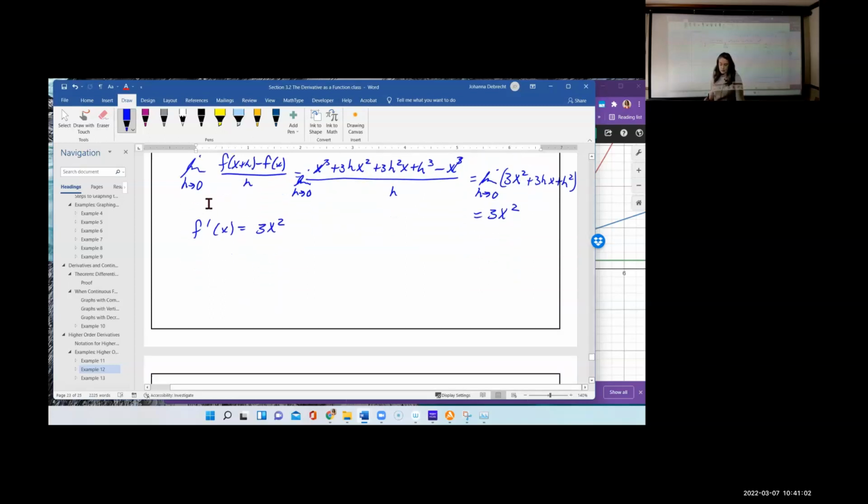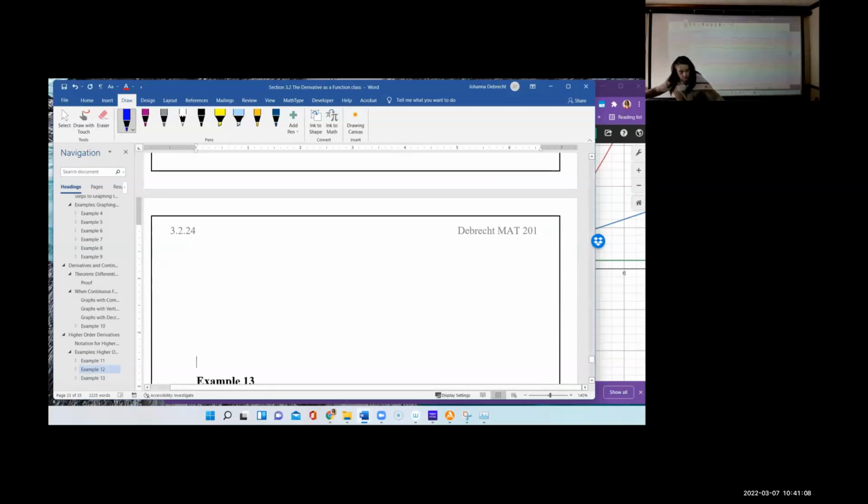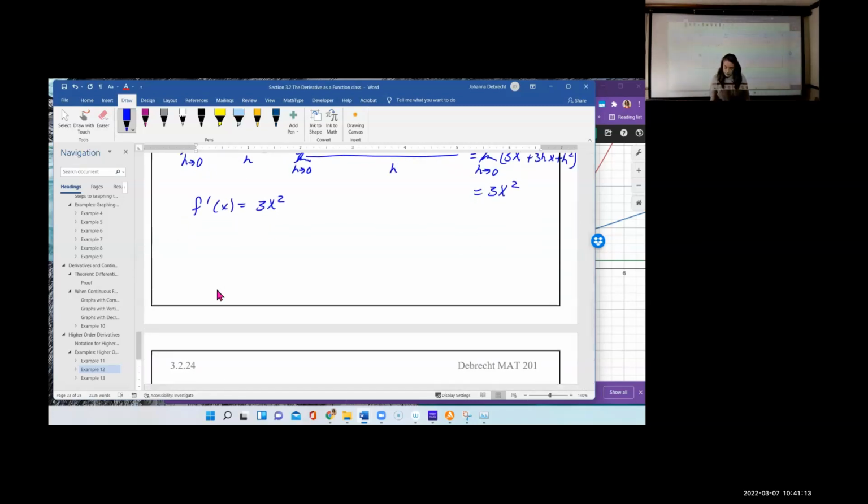Then I'm going to repeat the process on that particular term. All right. So to get the second derivative, I have to repeat it. The limit as h goes to 0 of f prime of x plus h minus f prime of x over h.